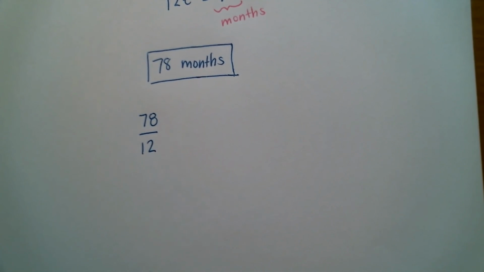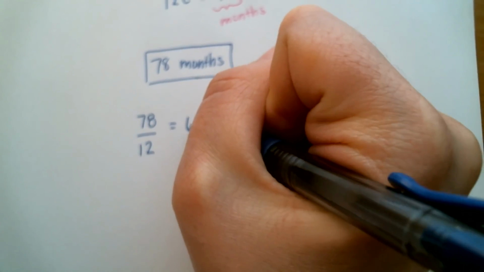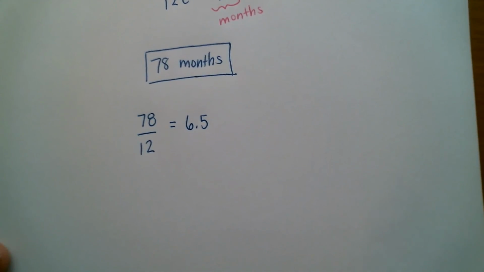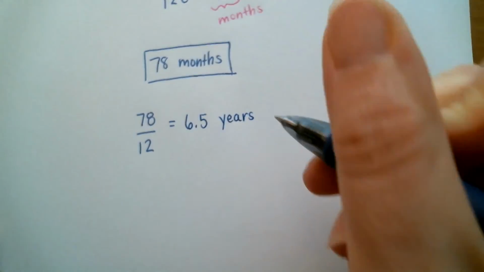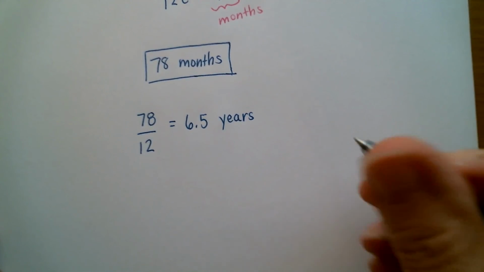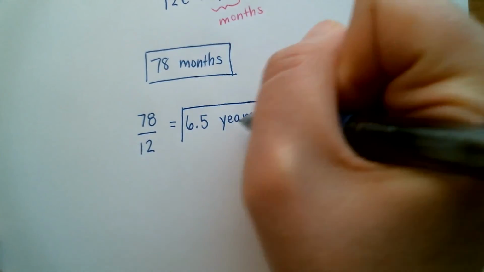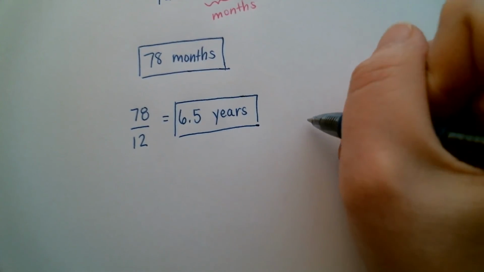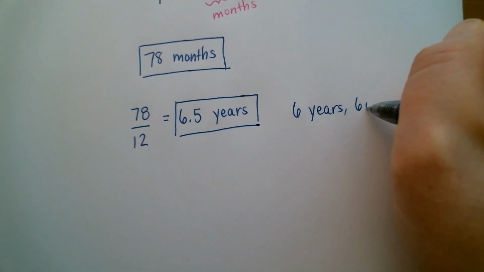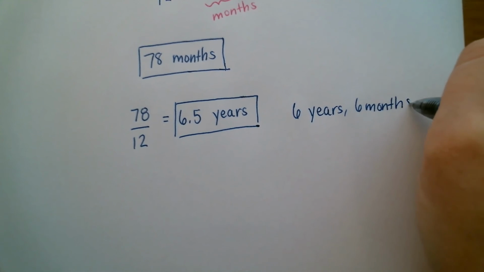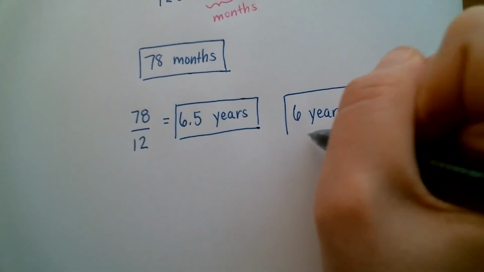If you do 78 divided by 12, you're going to get 6.5 exactly. So that's actually years here. So it's going to take you 6.5 years. Remember, half of a year is 6 months, so it should be 6 years, 6 months. That's another way to write the answer.